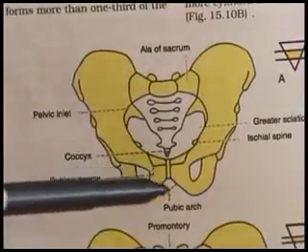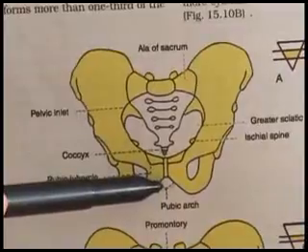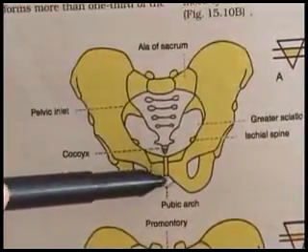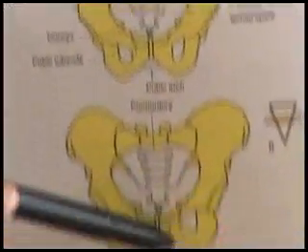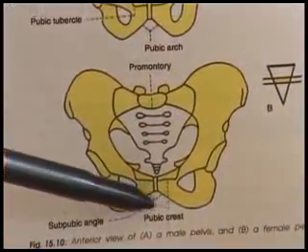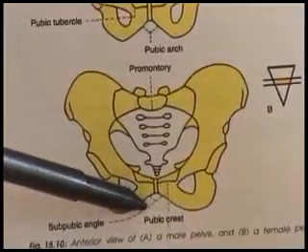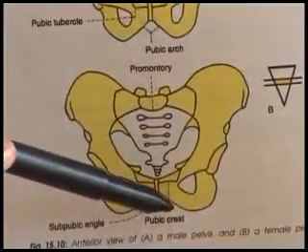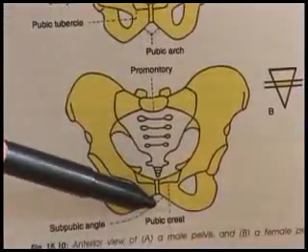The subpubic angle between the right and left ischiopubic rami is 50 to 60 degrees in the case of males, whereas the subpubic angle is bigger in the case of females and is about 80 degrees. This is a very important characteristic point of difference between the male and the female pelvis.